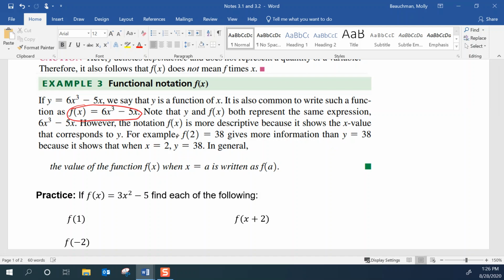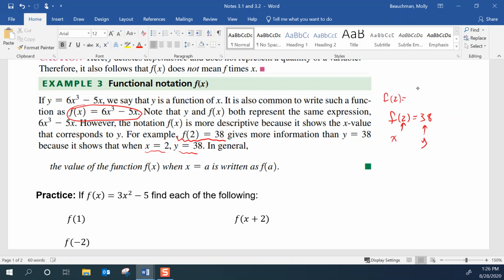For example, f of 2 is equal to 38 gives more information than y equals 38 because it shows that when x equals 2, y equals 38. So whenever you have coordinates, f of 2 is equal to 38, 2 in this case is the x value that you choose. 38 is the y value that comes out after you substitute 2 in the function.